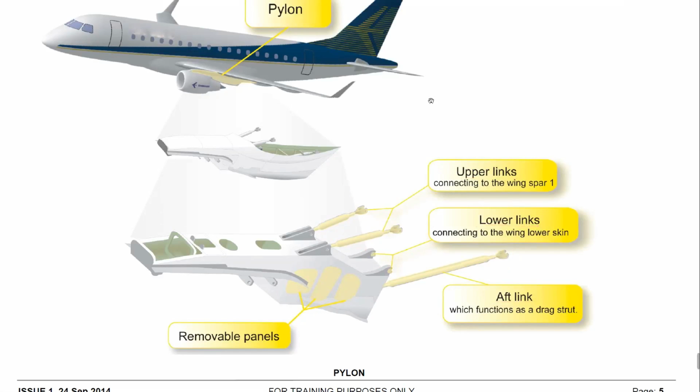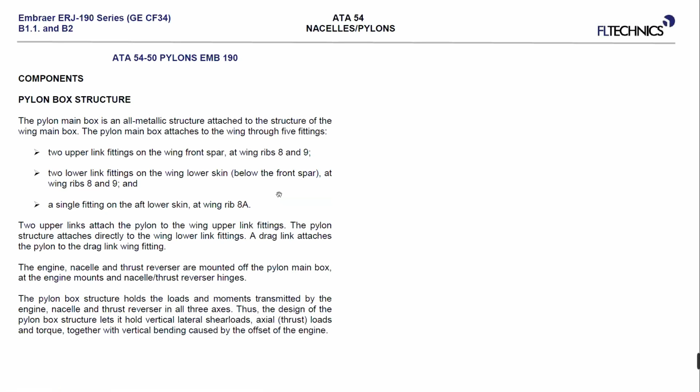They are attached to wing rib 8 alpha. Now we're looking from the pylon point of view, and when we talk about the wings, again, we will mention the structural components, these attachment points, but looking from the wing point of view.